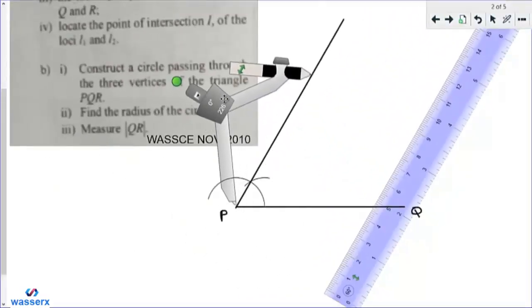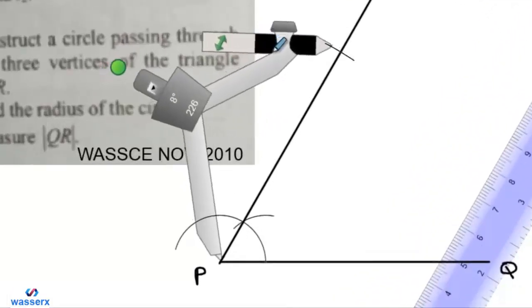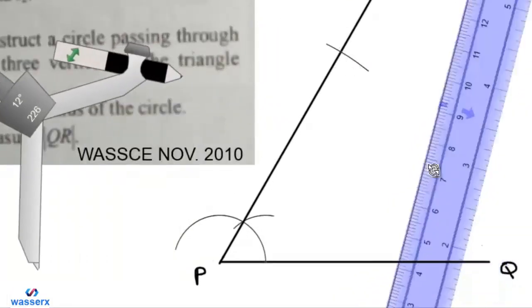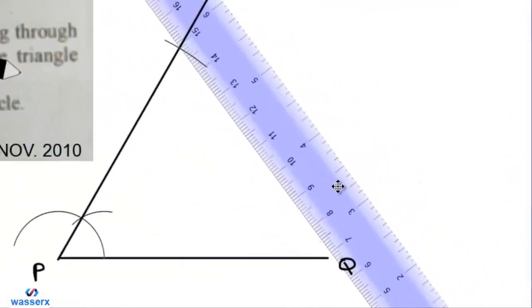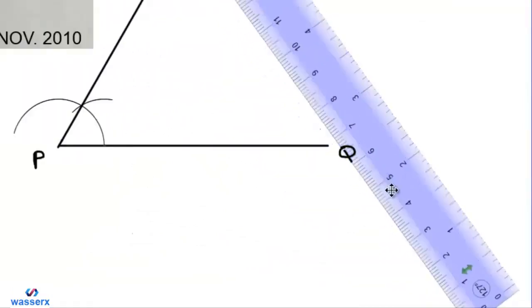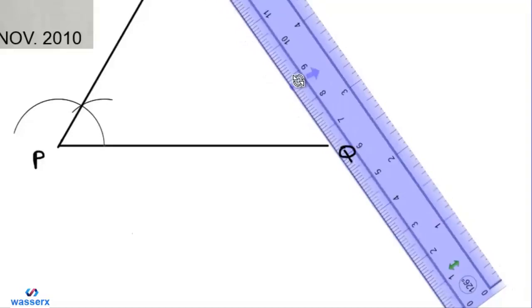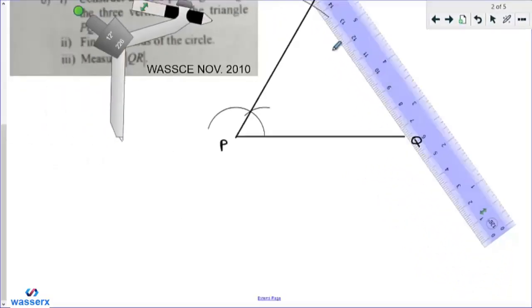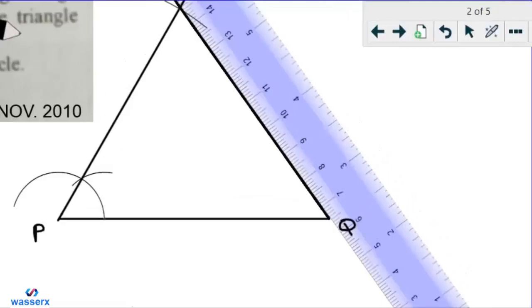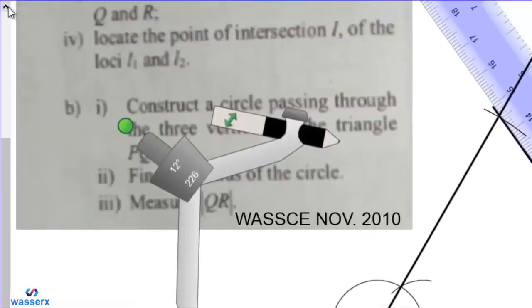So we stand at P and draw an arc to intersect the line, that is the 60 degrees line. Now we connect Q to R. You need to take your time to avoid any constructional error. So we draw the line connecting Q and R. So we finish constructing our triangle.